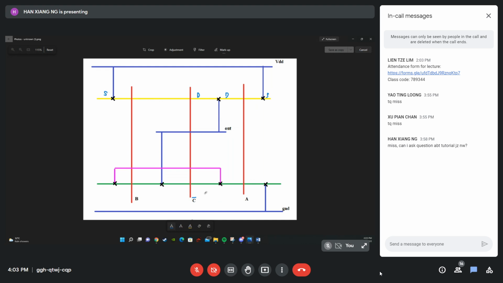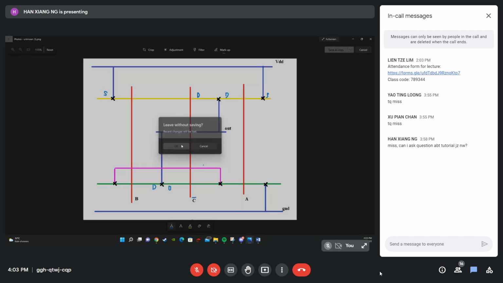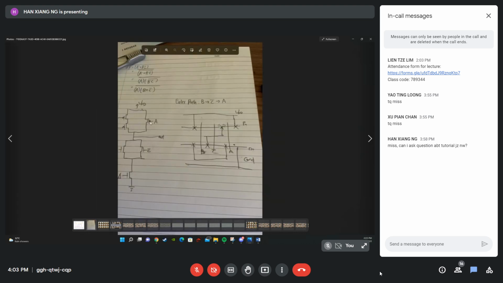So in the pull-up network, how is your configuration? You need to make sure that like this. Okay, so the up one, this one, the transistor you point out, the input is C bar or B? This is B, and then this is C bar.